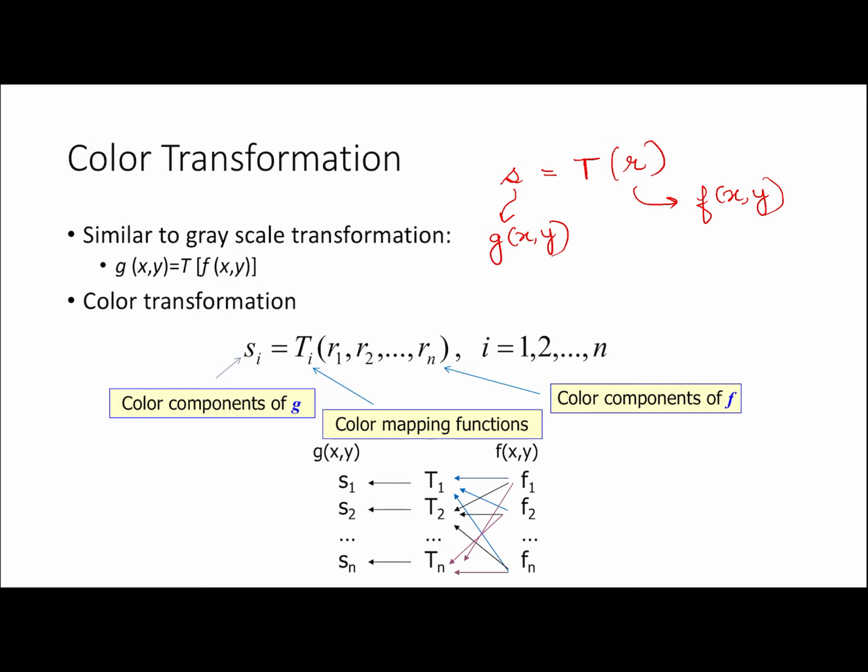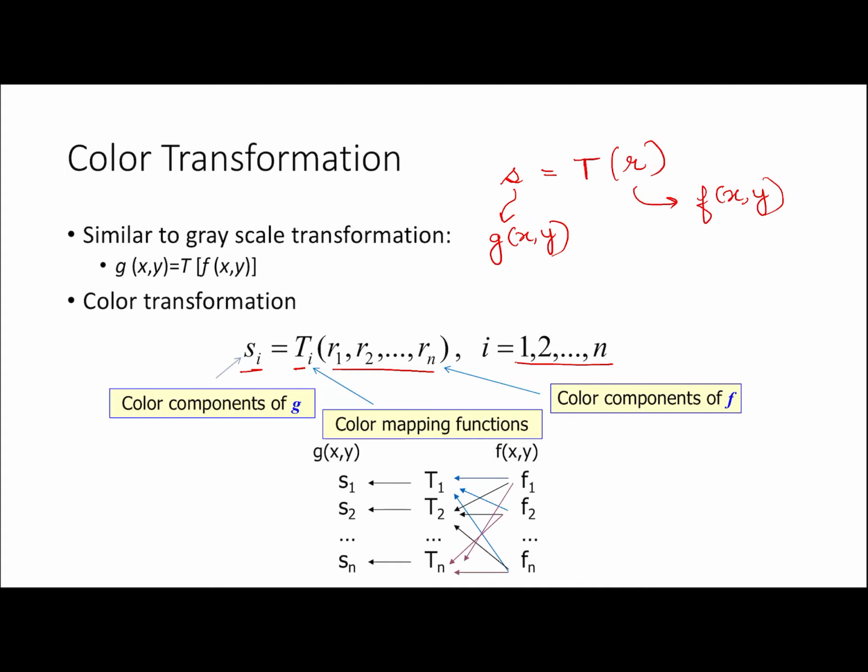Here we can define the transformation as s_i equals some transformation function T_i of r_1, r_2 up to r_n, where i equals 1, 2 up to n.